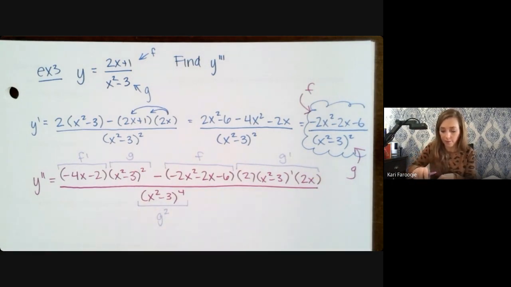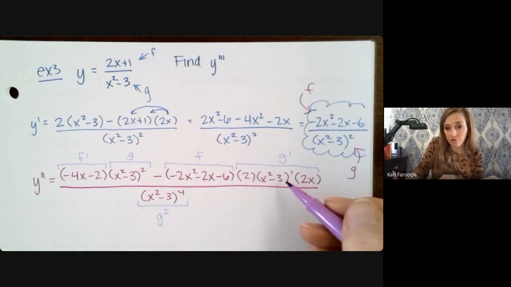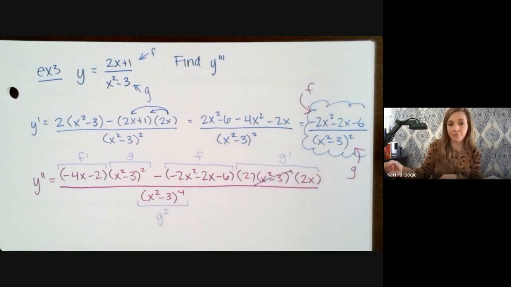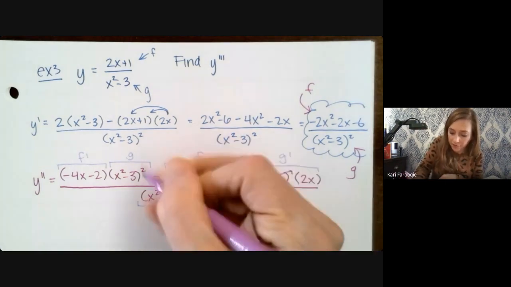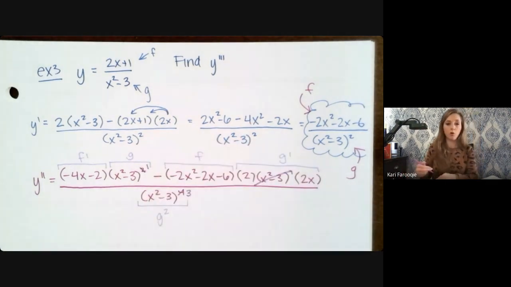Every single term here, this is a term, this is a term, this is a term, they all have a common factor of x squared minus 3. The least number of times you're going to see that factor in any of these 3 terms is here, to the 1st. So that means you can take out one of them everywhere. So the 4 is going to go down to a 3, and the 2 is going to go down to a 1.